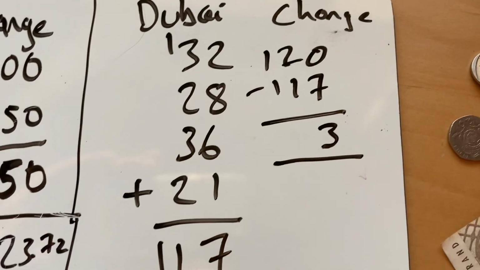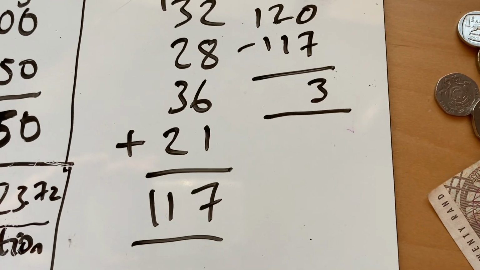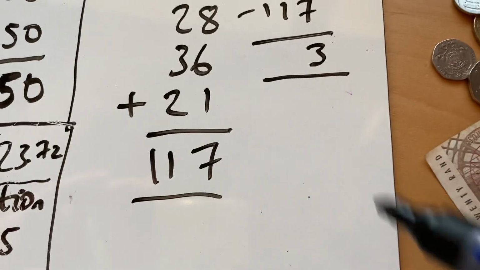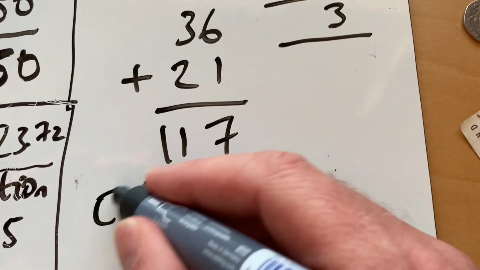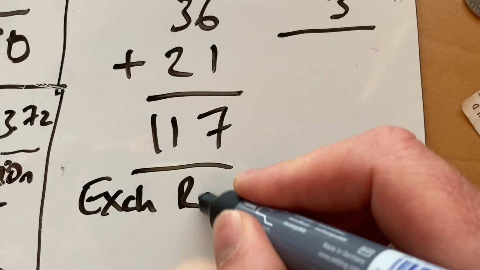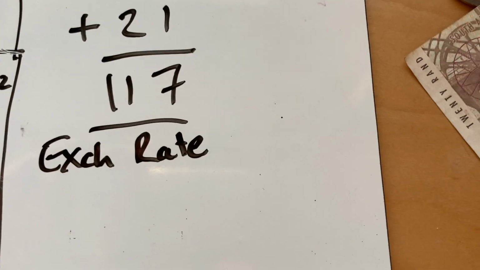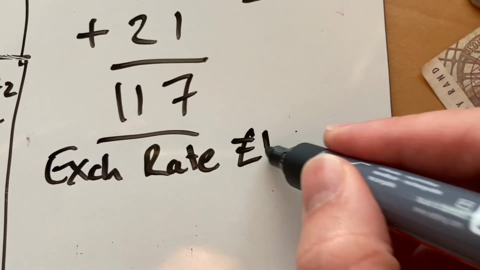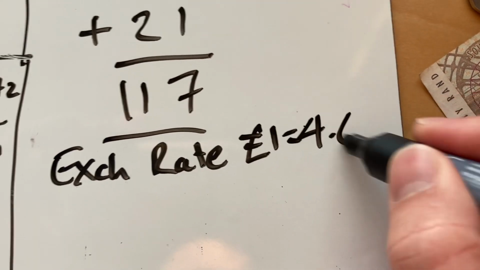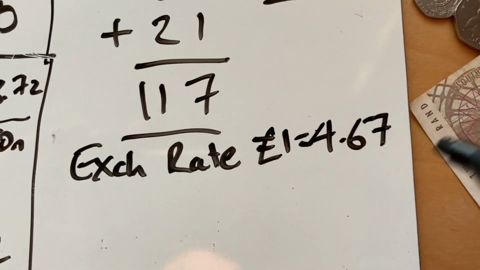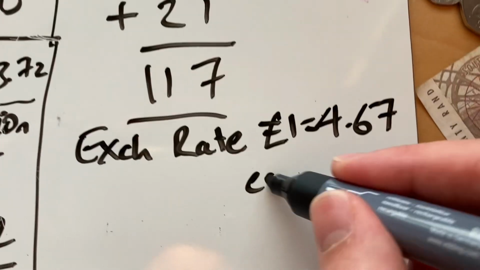So I'd expect to get 3 dirhams in change. But let's say we want to know what this is in pounds. So we'll find out what the exchange rate is. I can look up today's exchange rate, which is £1 is 4.67 dirhams. And again, I'm going to use some estimation.